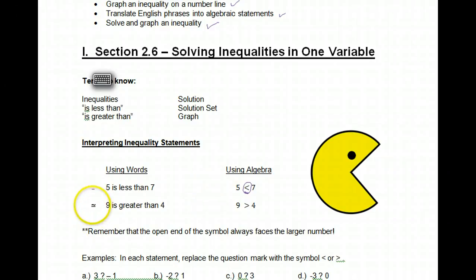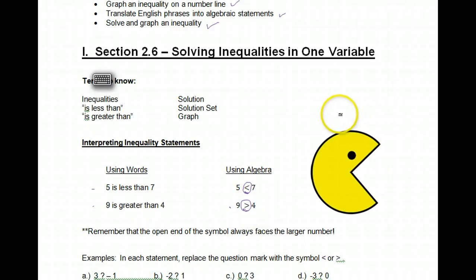Conversely, if we have 9 is greater than 4, and we translate that into algebra, we would have 9 > 4 with the symbol opening up to the 9 and pointing to the 4.